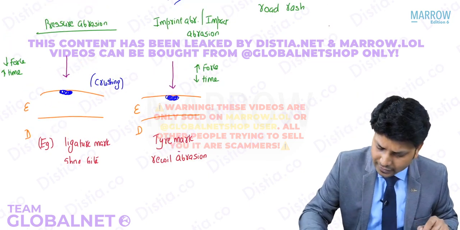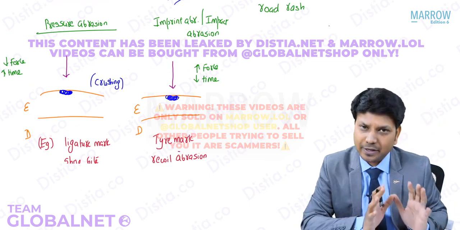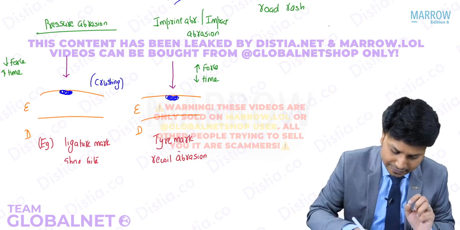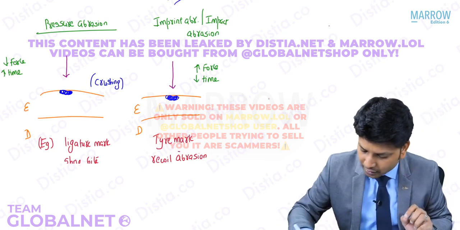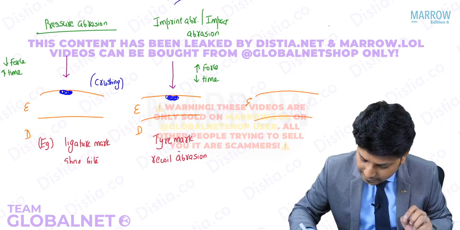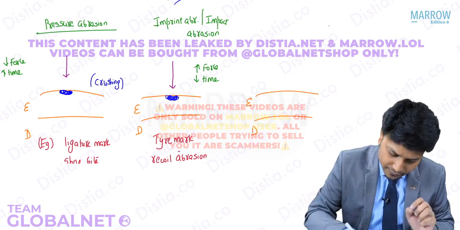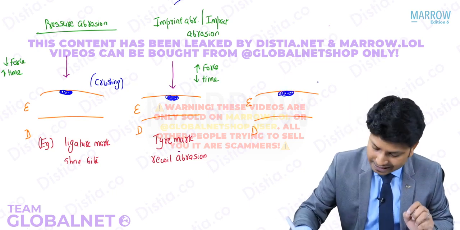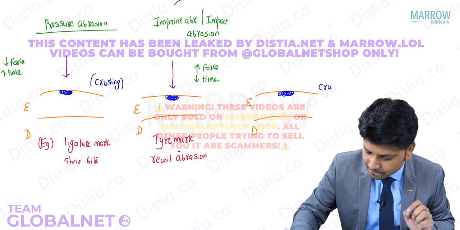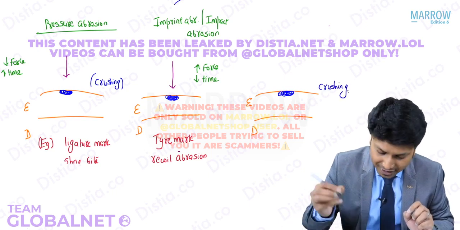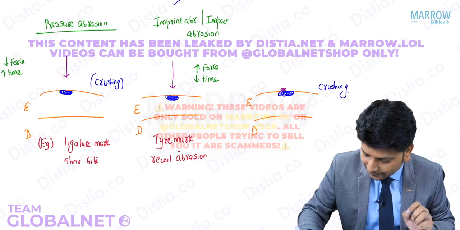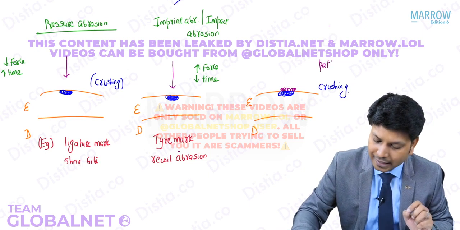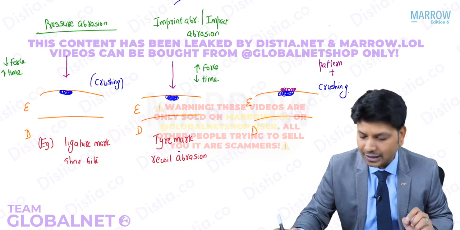Moving further, there can be a pressure abrasion, and there can also be an imprint abrasion. But sometimes, whether it is pressure abrasion or imprint abrasion, because of the force there is crushing of epidermis, but you can also find the pattern of the weapon on that area.